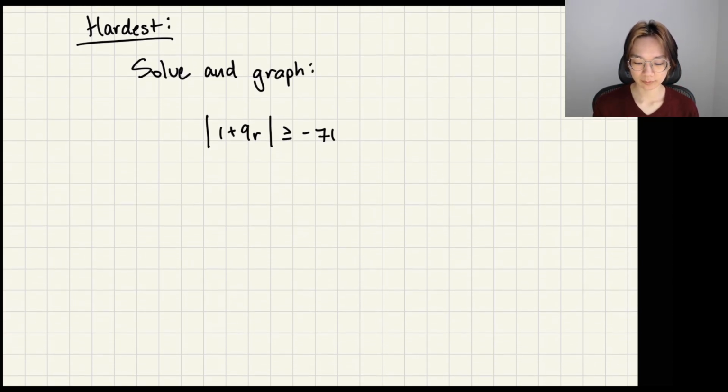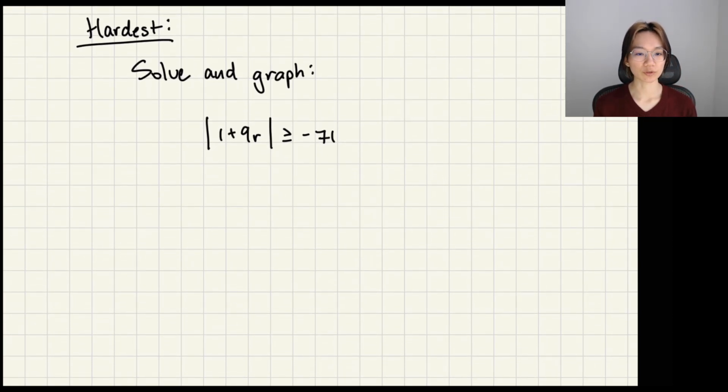So if you want to try that, go ahead, pause the video now, see if you can remember and apply what you know about absolute values and how to solve those, plus inequalities. More likely than not, the process that you're doing is close to how you're supposed to solve these, but not exactly, because there are some small details about solving absolute value inequalities that make things a little bit more complicated, just a little bit.